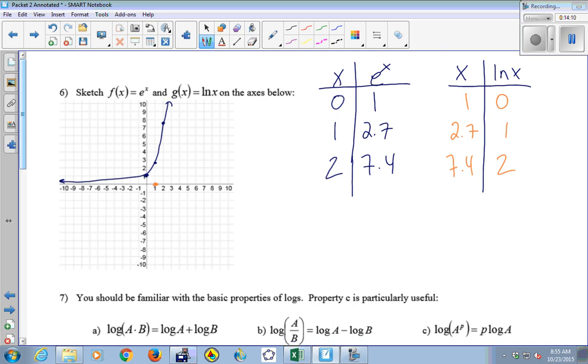I'm going to sketch in the line y equals x so that I can visualize the mirror effect here. Okay, so imagine the purple graph of e to the x being reflected over that green line. You can see the 3 points that I put on earlier would reflect onto the orange points. And then if you continue, it looks something like this. So that would be the graph of y equals ln x.